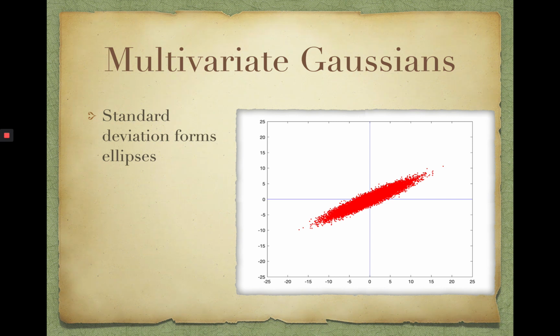Here would be my example for that. Imagine I took now a multivariate Gaussian random variable. In this case, I've got two Gaussian random variables. I've added them together in various amounts, and you'll see that elliptical shape. That's all of these standard deviation curves.